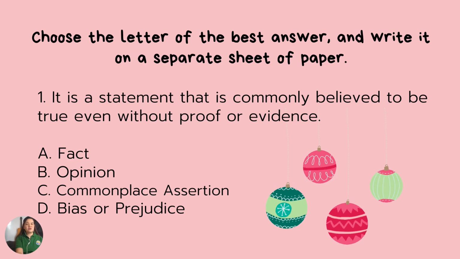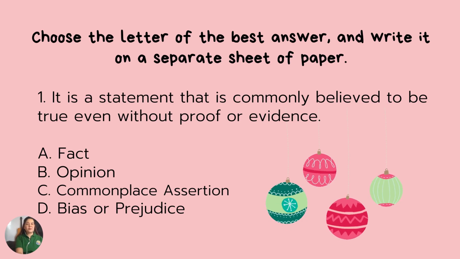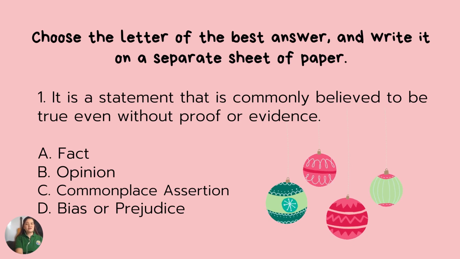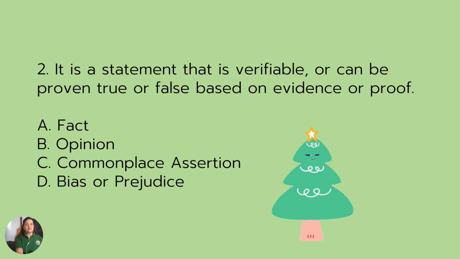Okay, so let's read the choices. A, fact. B, opinion. C, commonplace assertion. D, bias or prejudice. Number 2, it is a statement that is verifiable or can be proven true or false based on evidence or proof.